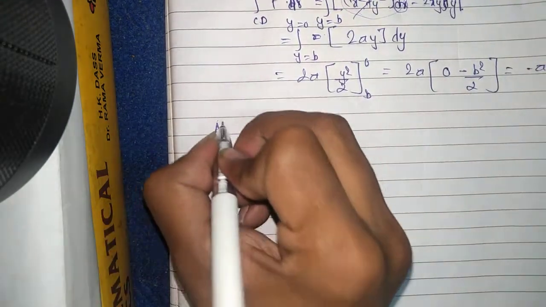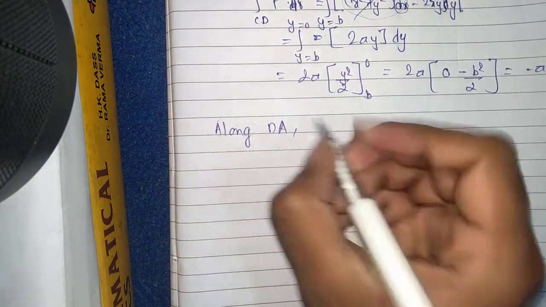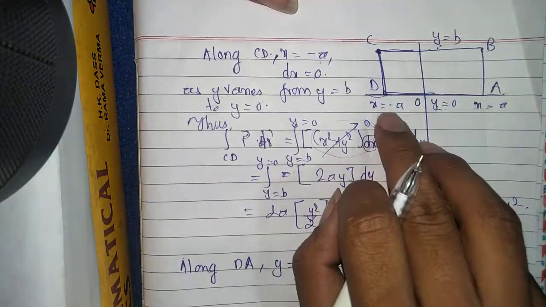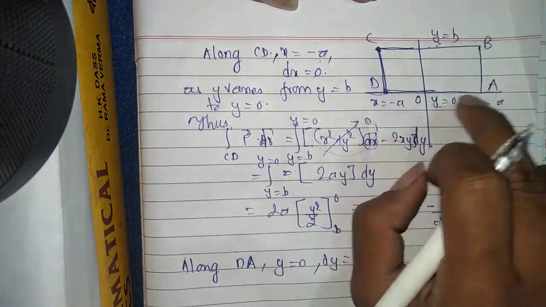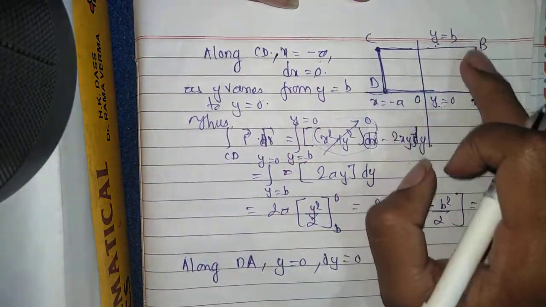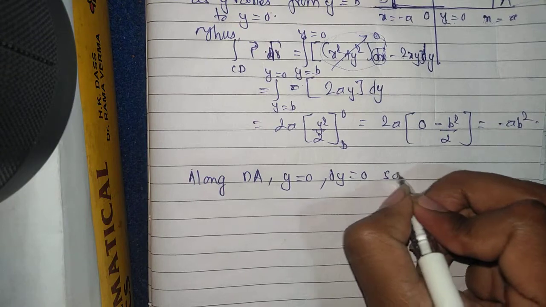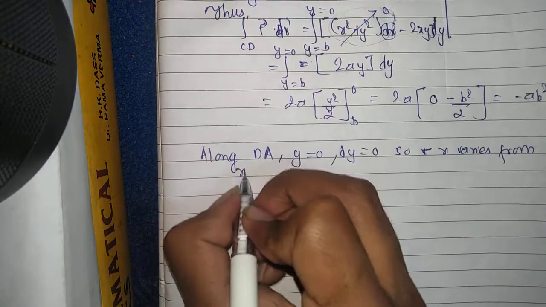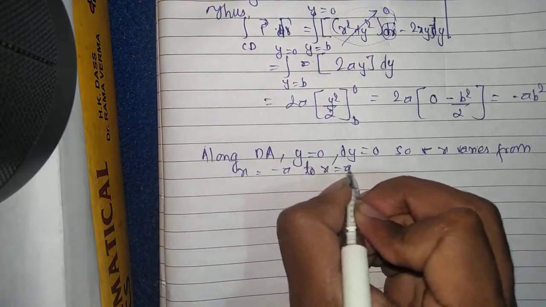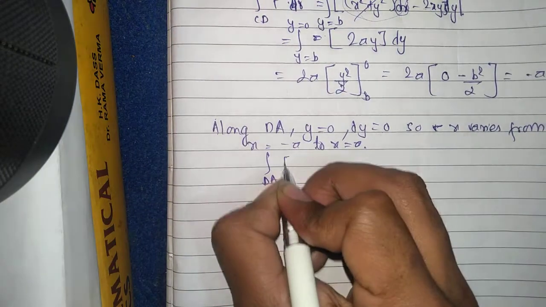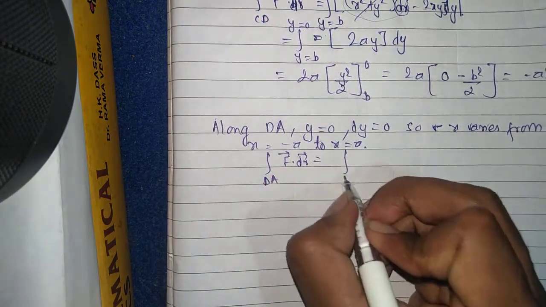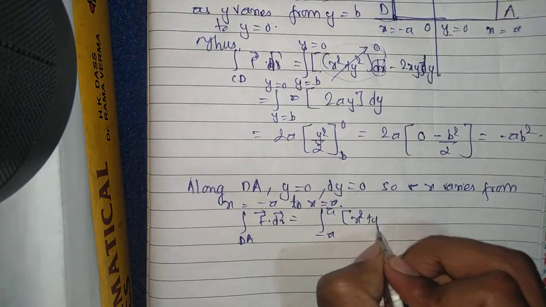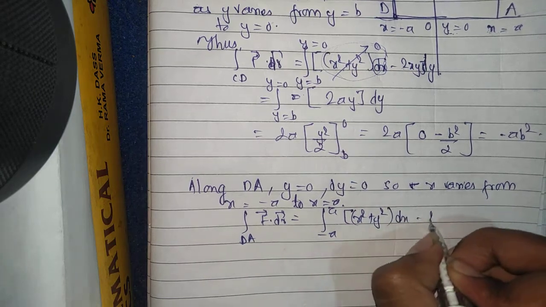Similarly, along DA our line is y equals 0, so dy equals 0, and the line DA is bounded by x equals minus a and x equals a. So x varies from minus a to a. The line integral along DA of F dot dr is the integral from minus a to a of (x square plus y square) dx minus 2xy dy.